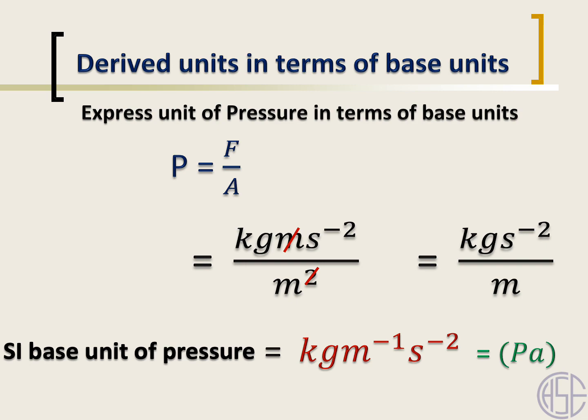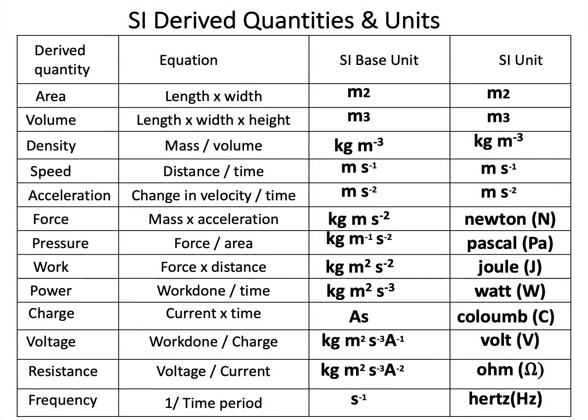Now I will show you a table. This table has a list of many derived quantities, and the equations. The equations are mostly in the formula sheet. Then their base units and their SI units. So the third column shows the base unit of each quantity.